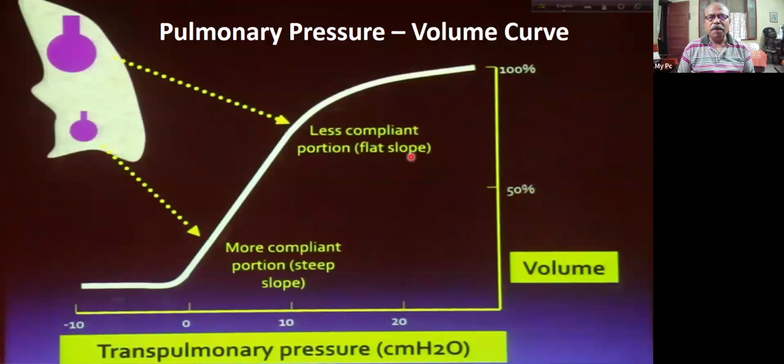So if you take this pulmonary pressure volume curve, you can see the apical region alveoli are on the less compliant or flat portion of the slope, while the lower alveoli are on the more compliant or steep portion of the curve. Naturally, the alveoli at the base of the lung distend much more at the same point of time when the alveoli at the apical region are not so distended.